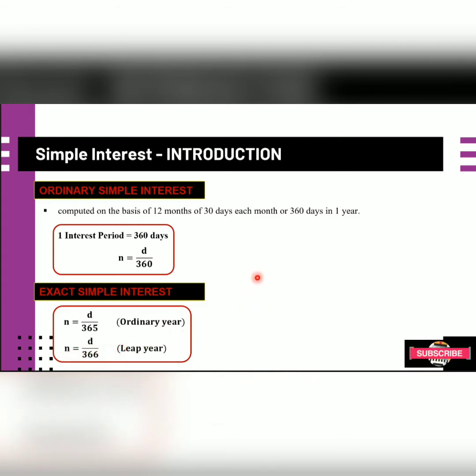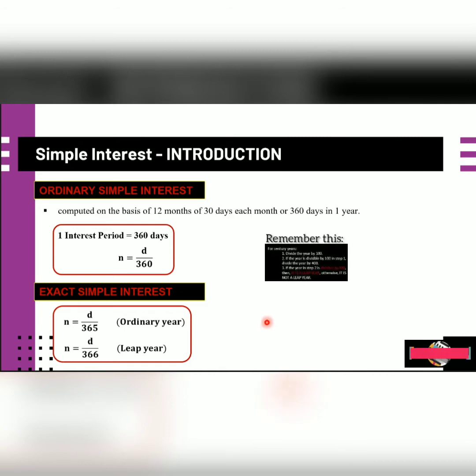You also have to remember, if you are considering century years, as you can see on the screen, the steps you need to take in determining if the given year is a leap year or not. That is for century years.